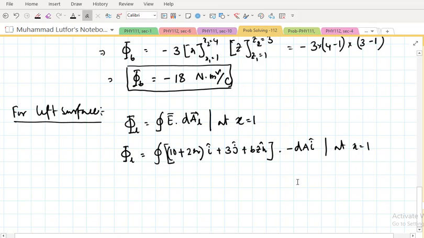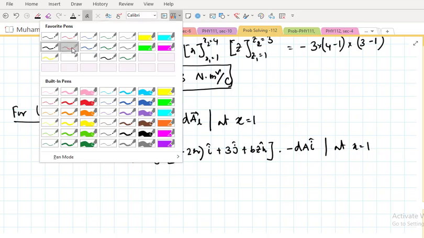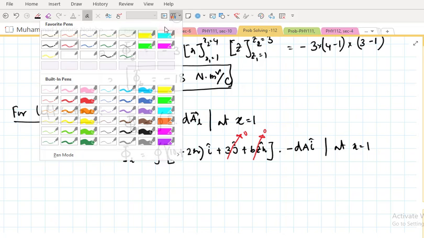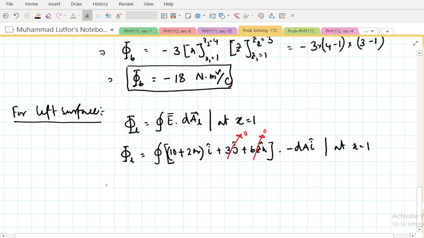Now look at this, this z dot i and k dot i would be 0, so I'll find only the x component.